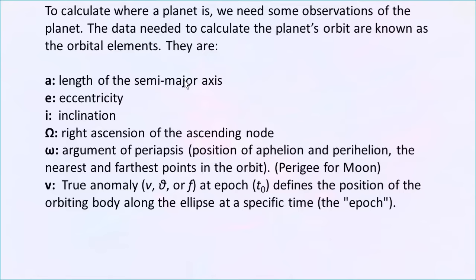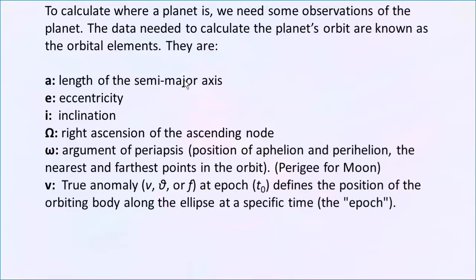It's true for everything. So when I say how far away that planet is from the sun, I could also say how far the moon is from the earth, or how far any moon is from any object, or any planet from any star that it's going around. This is universal. It applies to everything. So when I say distance of a planet from the sun, just realize this applies to the moon and everything else that's orbiting around something.